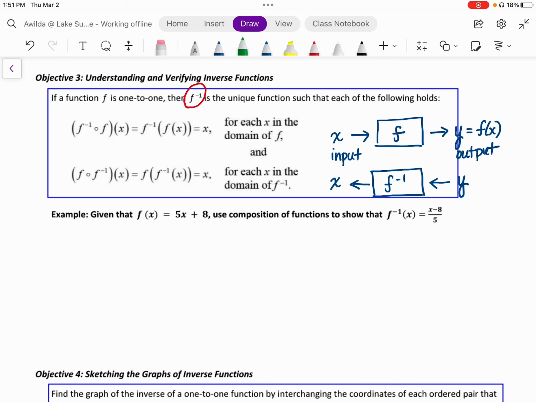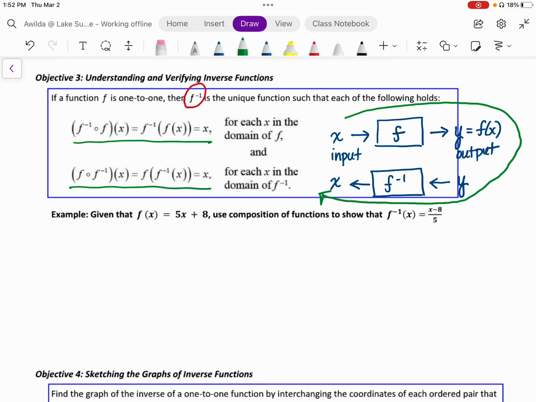If you can follow this analogy, we start out with x, it undergoes some process and becomes y, and then after it becomes y, we put it into a machine that reverses that action, and we end up with x. This idea is what we see here when we compose f with its own inverse.